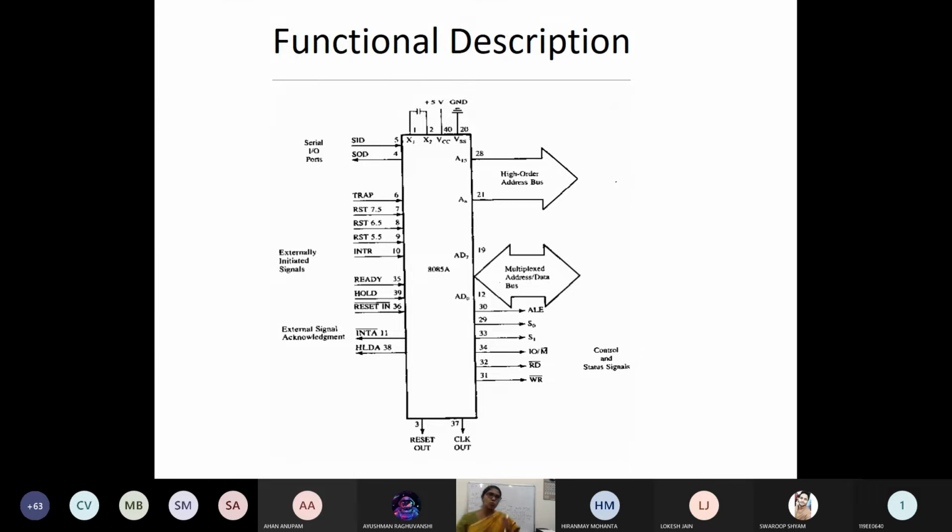What are those address lines? What is this? Voice is breaking.